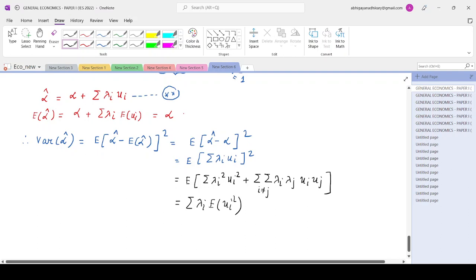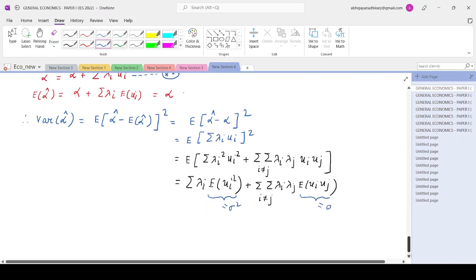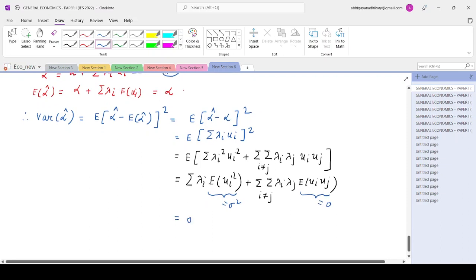So expectation of u_i squared plus double summation i not equals to j lambda i lambda j expectation of u_i u_j. Now again by assumptions, the expectation of u_i square is basically sigma square, and the expectation of u_i u_j was taken to be 0 by assumption. This will be sigma square times, okay, I missed a square over here, so summation lambda i square. So this is the expression for variance of alpha hat.